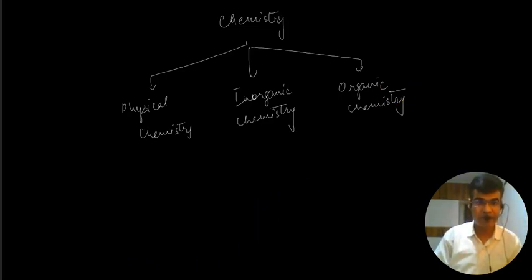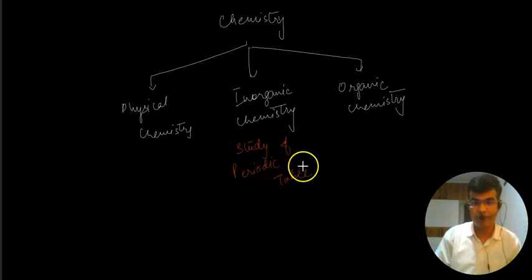In inorganic chemistry, we study the periodic table. So the study of the periodic table comes under inorganic chemistry. Here we study the different properties, different reactions of the elements.